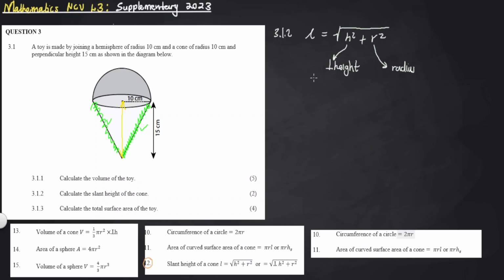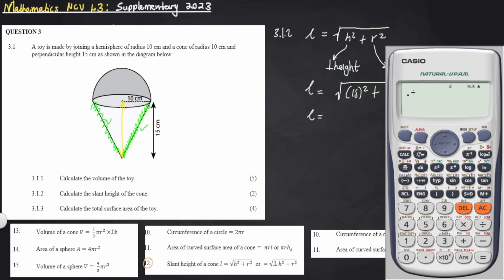So the slant height is equal to the square root of 15 squared plus 10 squared, which is 15 for the height and 10 for the radius. Consulting a calculator, 15 squared plus 10 squared gives 5 square root 13.